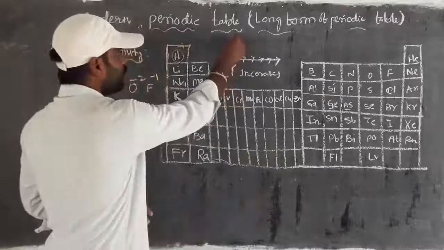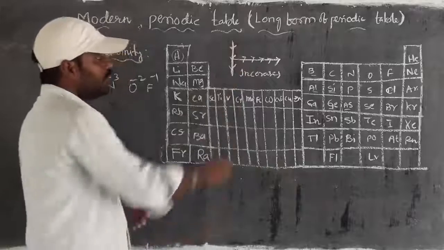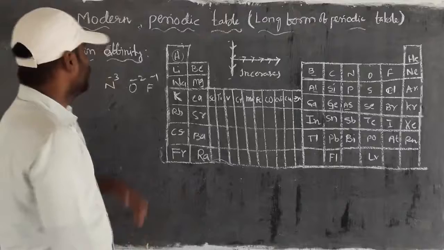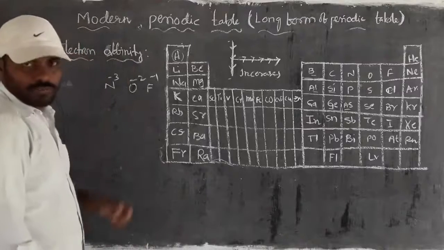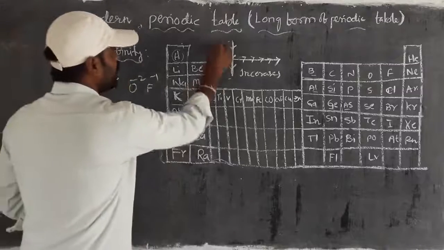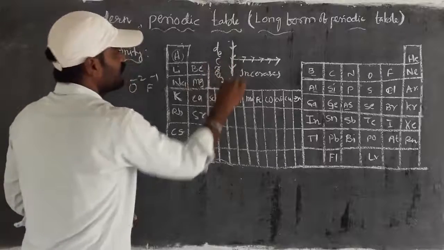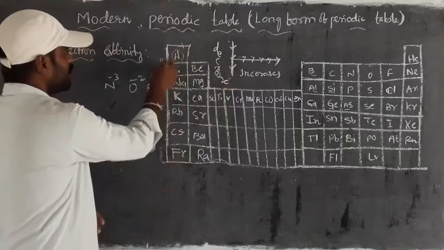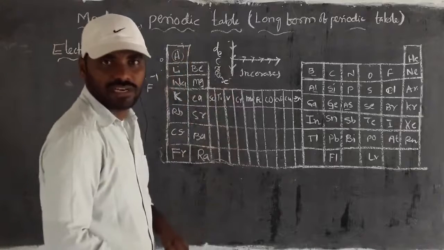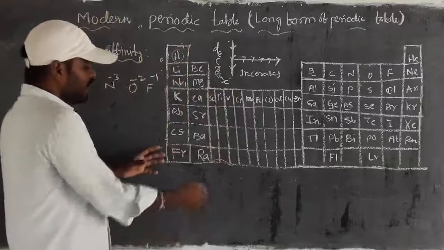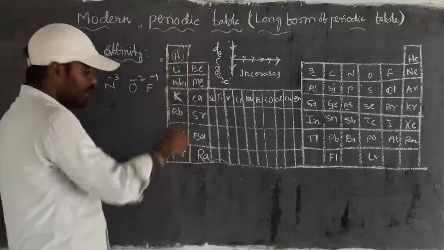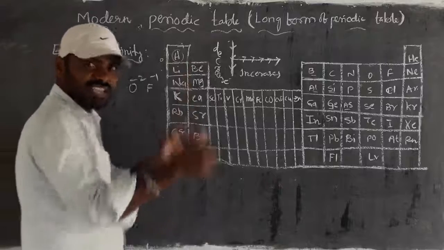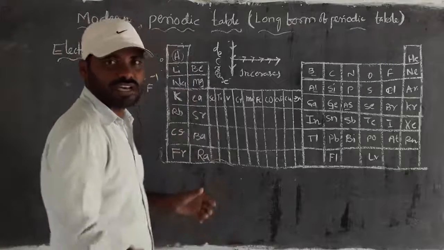When you compare in groups, moving from top to bottom in a group of the periodic table, the electron affinity decreases for the same reason: the atomic size slowly increases. The number of shells increases, as we already discussed in atomic radius. Here we have only a single shell, but when you come to the last one in any group, it has 7 shells, and we consider the 7th shell as the outermost shell.